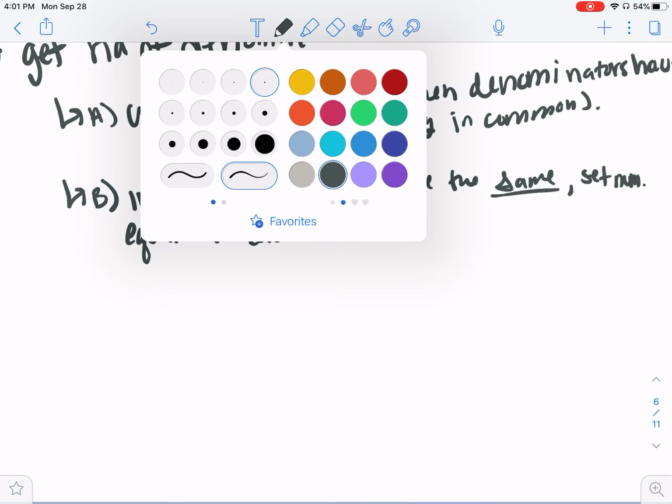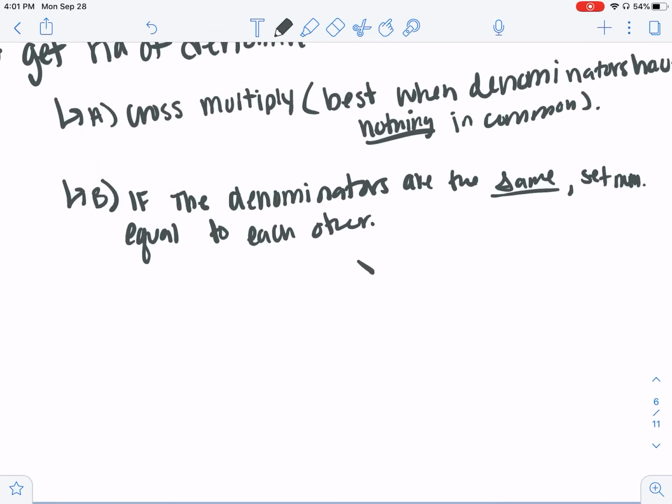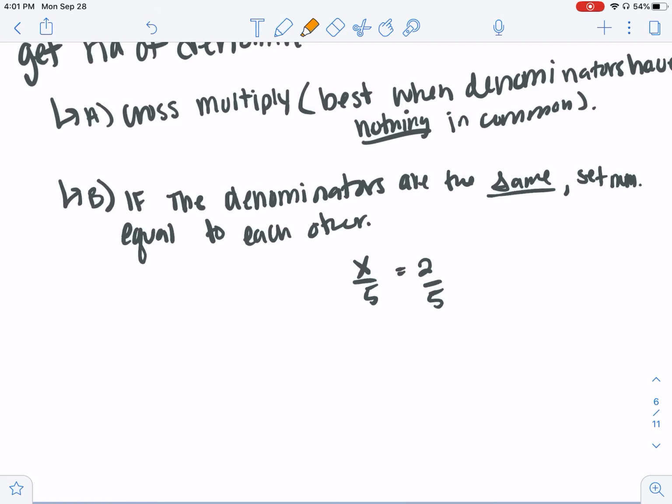And so what that might look like, in one of our earlier examples, we had x over 5 equals 2 over 5, and we were able to say that if 5 is the same, then the numerators must also be the same, and we can just quickly say x equals 2.